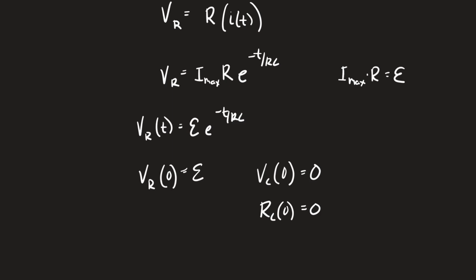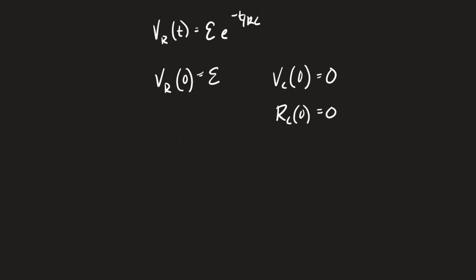Now obviously, maybe not obviously, after a long time has passed, the voltage across the resistor is going to be 0, right? That means the voltage across the capacitor has to be whatever the voltage of the battery is. Has to be, right? They're changing places. When you connect that circuit, the voltage is all across the resistor, none across the capacitor.